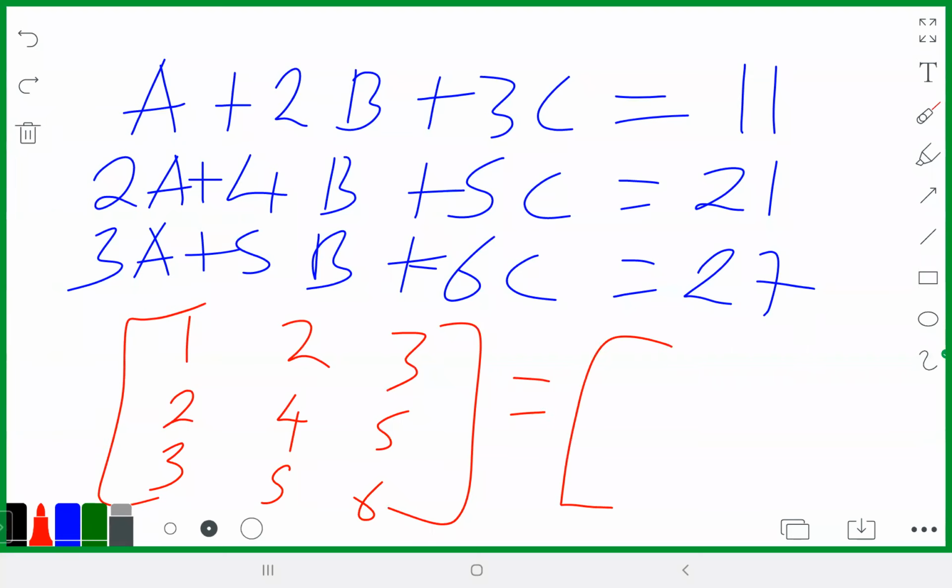Then the product matrix is 11, 21, and 27. Then from here, you can easily pick it up and continue to find the value of A and the value of B. Find the general determinant first, then find the determinant of X variable by replacing here, by putting the product matrix, and you continue in the same way. Is that clear? Yes, sir.